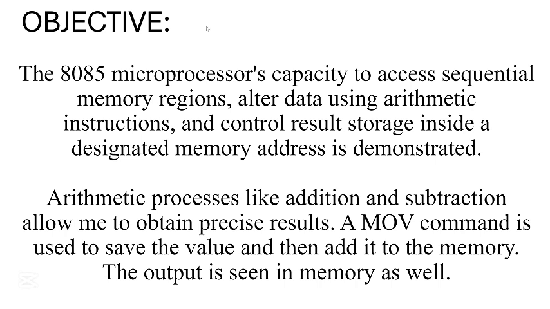Instead of using MVI or move immediate, I use MOV. So I set up the memory where we store the value, then add to the memory after. The output of each step will be seen in the memory.